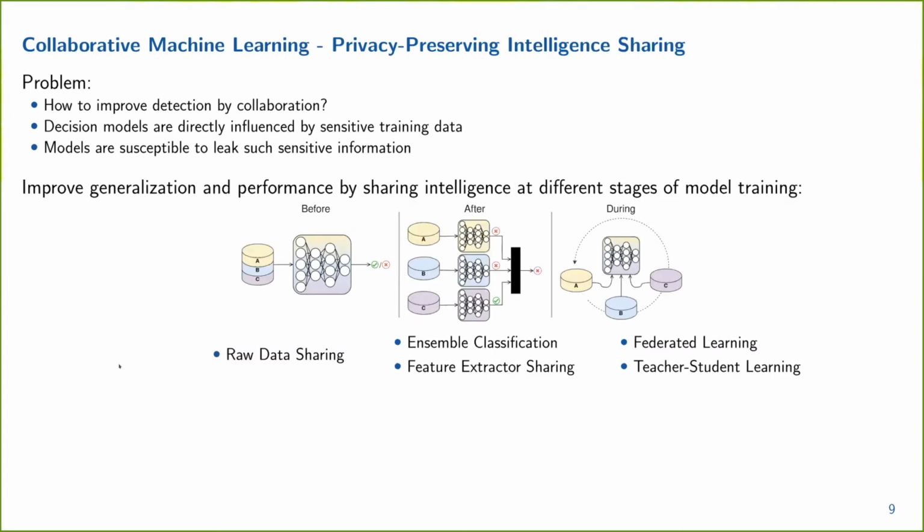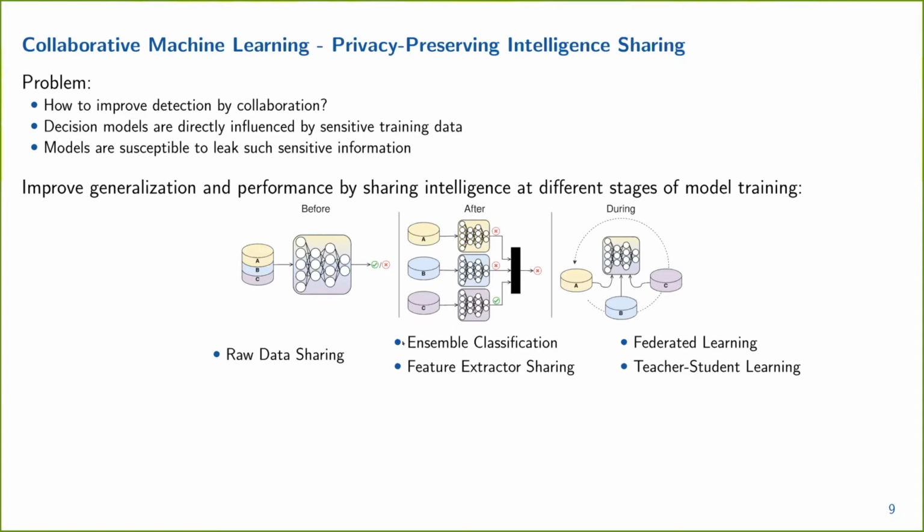And therefore, in SAPPAN, we improve generalization performance by sharing intelligence at different stages of the model training, and we do this in a privacy-preserving fashion. So the naive approach would, again, be the raw data sharing. Here we propose to use different anonymization techniques and also the application of Bloom filters, for instance. The second approach is after the model training.